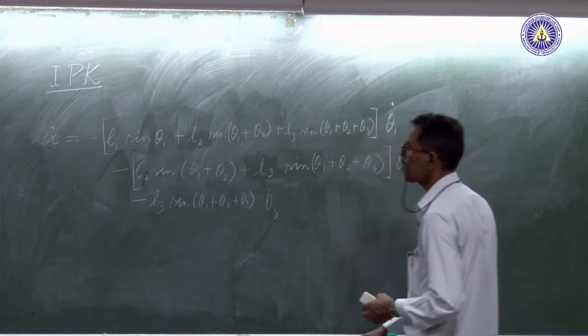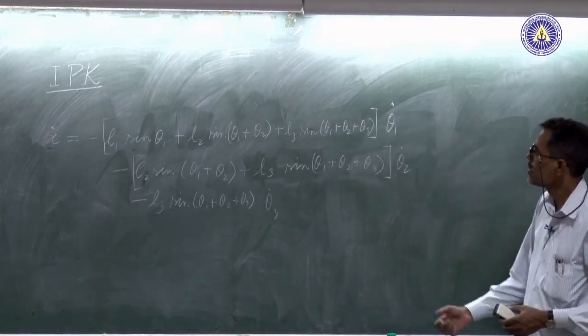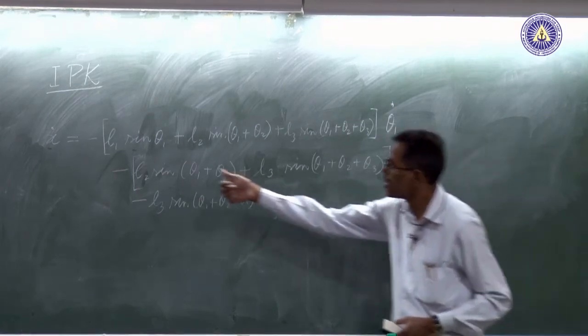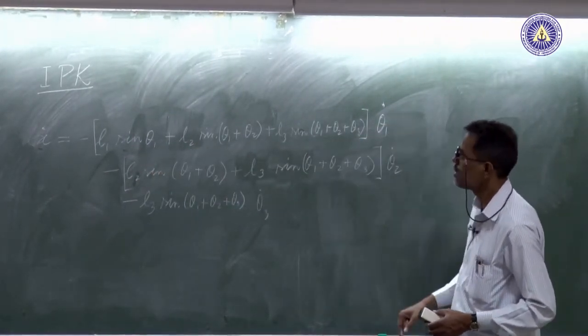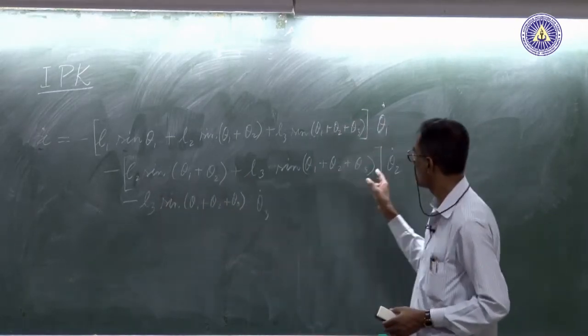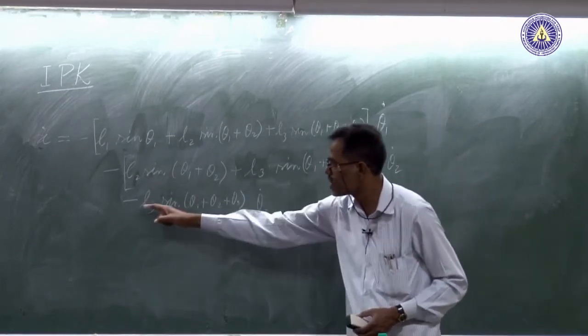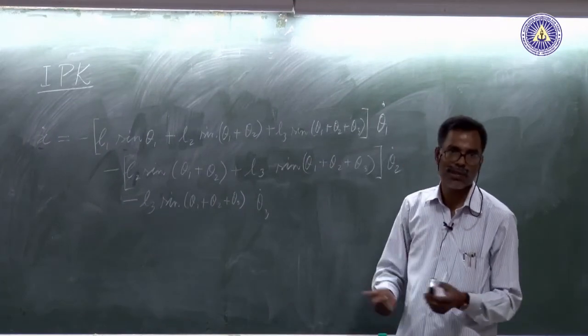Okay. So, now we have got x dot as something into theta 1 dot plus something into theta 2 dot plus something into theta 3 dot. This is what we expected.